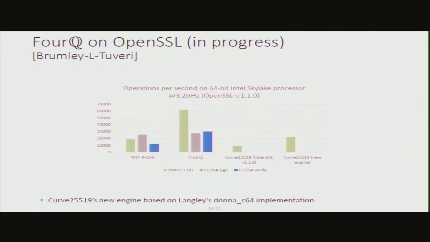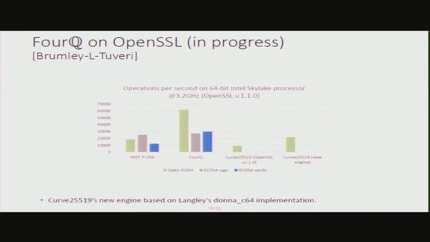As far as I know, this curve hasn't been plugged into ECDSA, so I cannot show numbers for that. In any case, when you compare the performance of 4Q against the numbers of the other two curves, there is a significant improvement in the operations per second, especially here, the green value that corresponds to ECDH. There is also a significant speed up in the case of ECDSA verification.